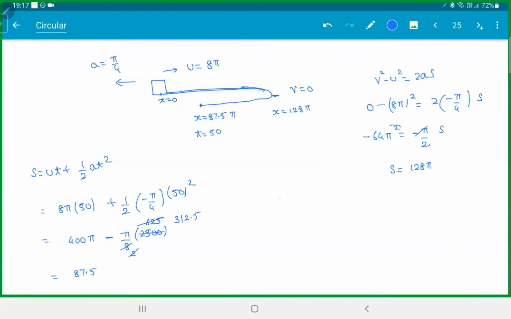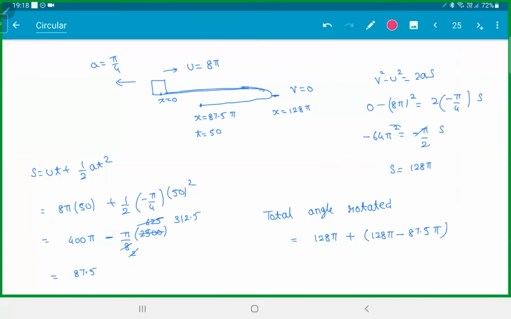You're done. So what's the total angle rotated? I'm just treating the whole thing like a linear motion, whereas in reality this is a circle going front and going back. But if you try to draw it, you won't understand it in the diagram. So total angle rotated: you have gone 128 pi, plus 128 pi minus 87.5 pi.